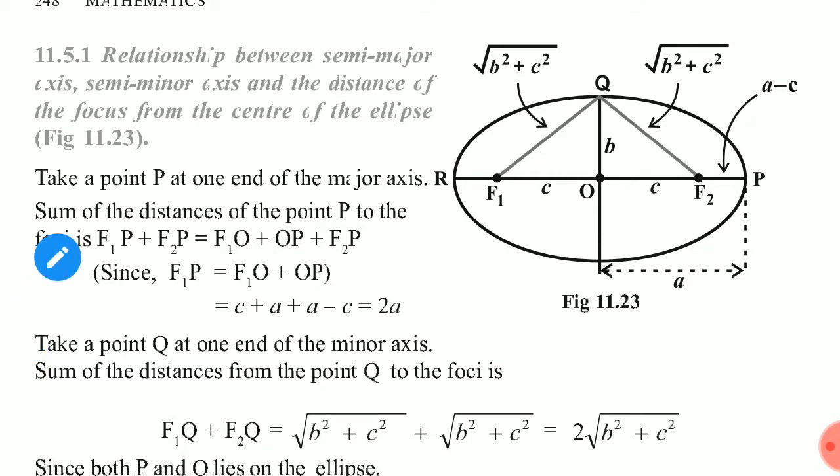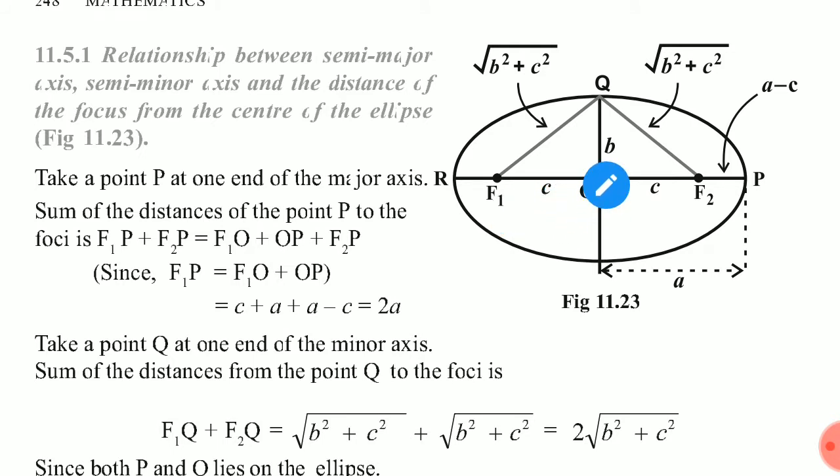Now the relation between the semi-major axis, the semi-minor axis and the distance of the focus from the center of the ellipse. You saw that the distance of point Q is equal to b and this distance is c.